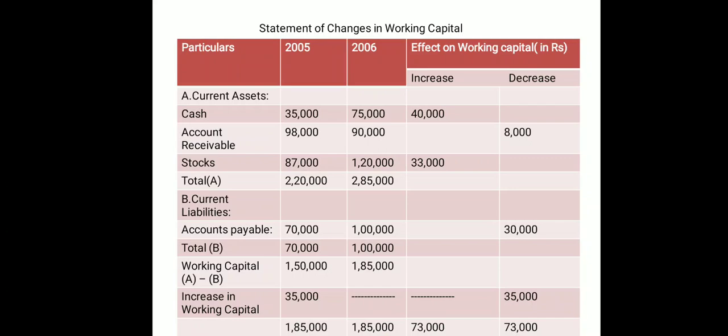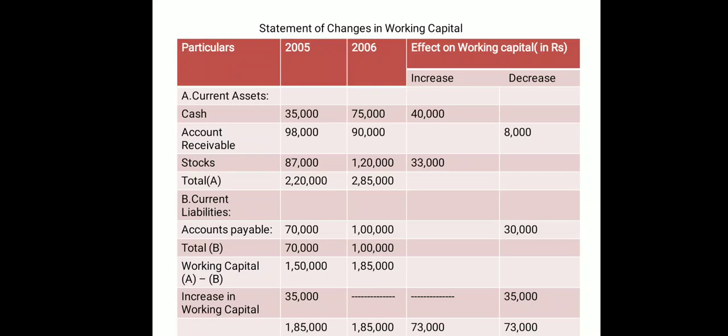I hope it is very clearly visible that compared to 2005, in 2006 working capital is increasing. Okay, so if it is an increase, then kindly write under your particulars, increase in working capital, and how much it is increasing. 1,85,000 minus 1,50,000, that is 35,000 increase. Write it in your 2005 column.